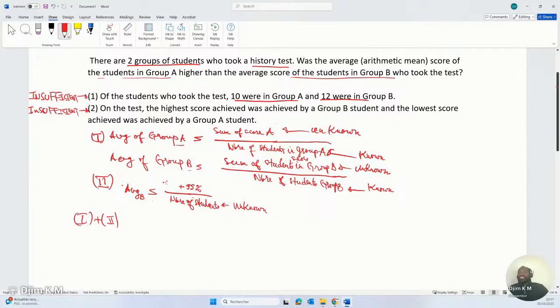Actually, what we need is, at least, the sum of the scores of the students, and if we already have the number of students in each group, then we could find the average score for each group, and determine which group's average is higher. So when we combine, it's still insufficient.